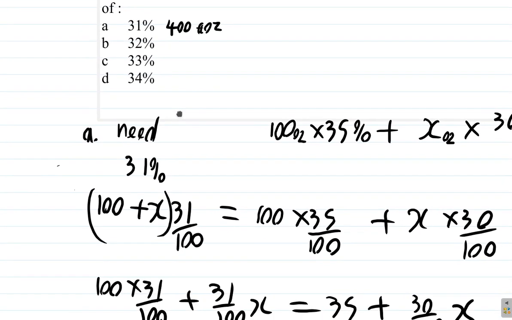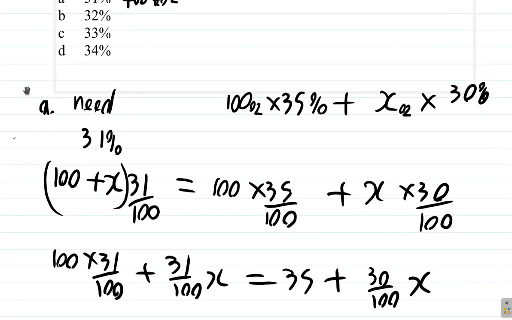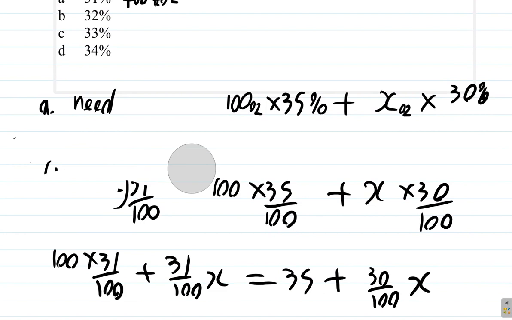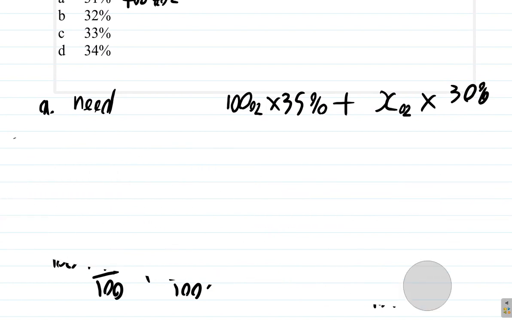Now what about if you need 32%? What will happen? Here, you need 32%.